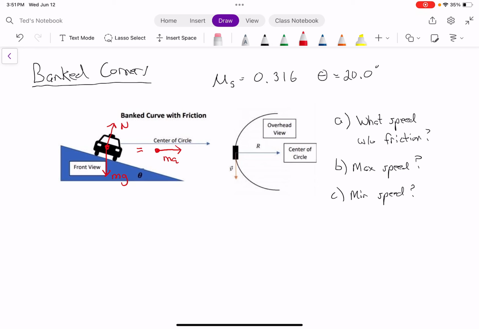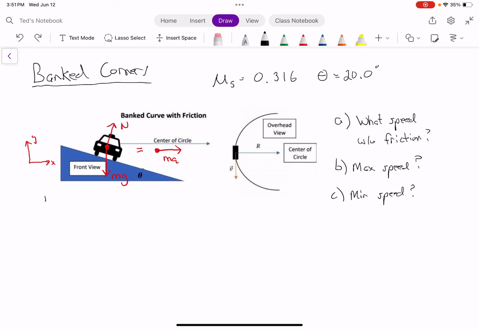We can either create our coordinate system so that downhill is the x direction and perpendicular to the hill is the y direction, or we can create a coordinate system where horizontal is the x direction and vertical is the y direction. Either one works. I was trying to think which would be easier, but we'll just go with vertical and horizontal. And the reason I'm going with vertical and horizontal is because the acceleration is horizontal, and I'd like the acceleration to point in the x direction only.